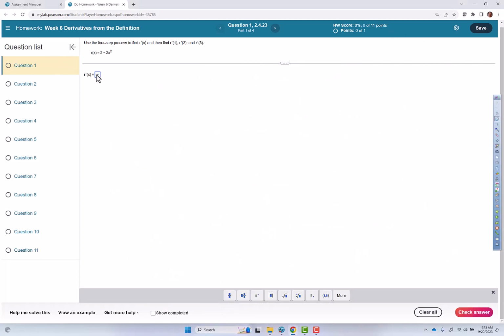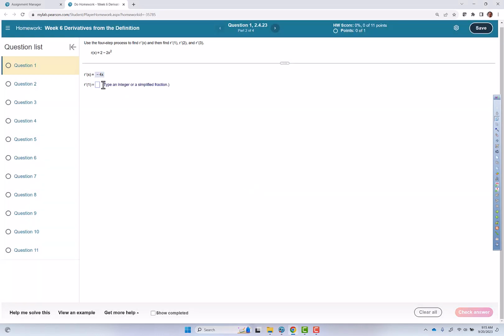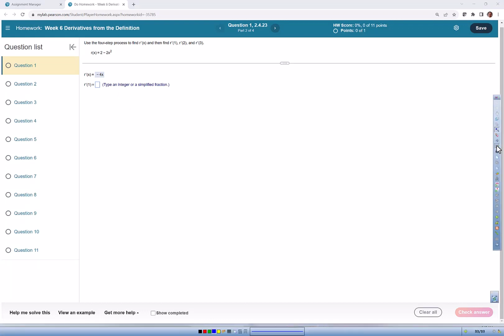So negative 4x, check answer, well done. So then we're going to use that to continue on. So r prime at 1, we just put in x for 1, so this is going to be negative 4. R prime at 2 is going to be negative 8. R prime at 3 is going to be negative 12.